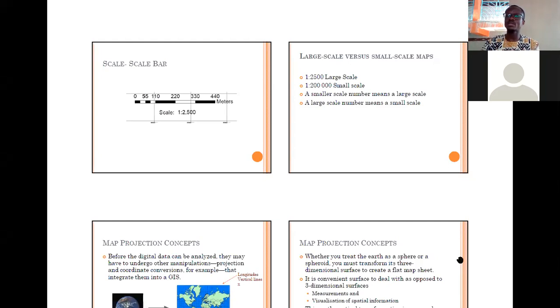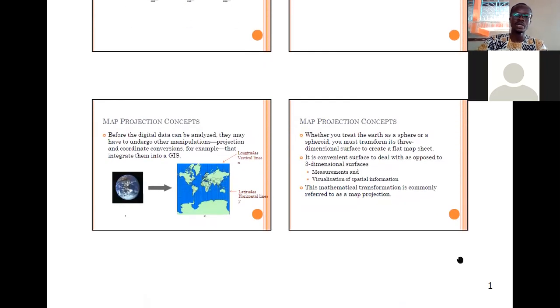So 1 divided by 2,500 is greater than 1 divided by 1 million. So 1:2,500 is a large scale compared to 1:2 million. So a smaller scale number means a large scale, and a larger scale number means a small scale. Take note of that.